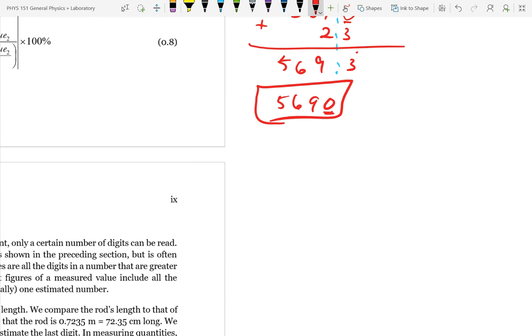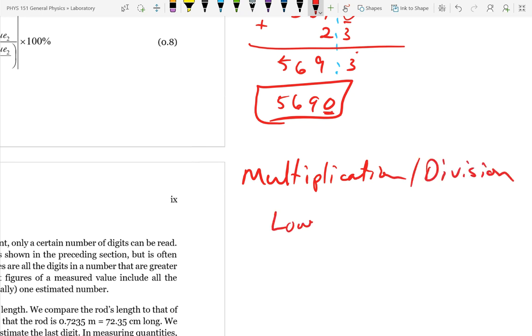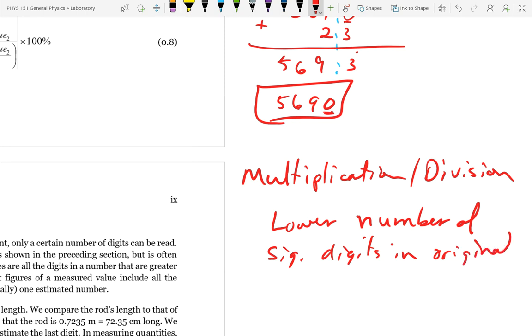For multiplication and division, the lower number of significant digits in the original numbers is the number of significant digits in the answer.